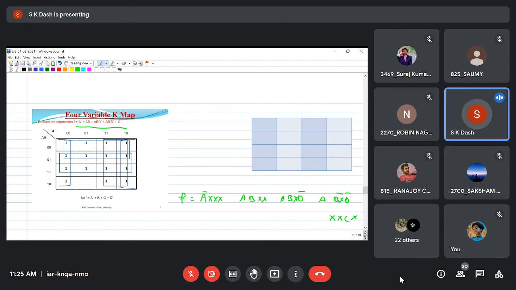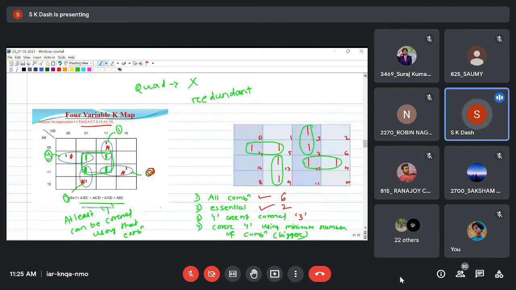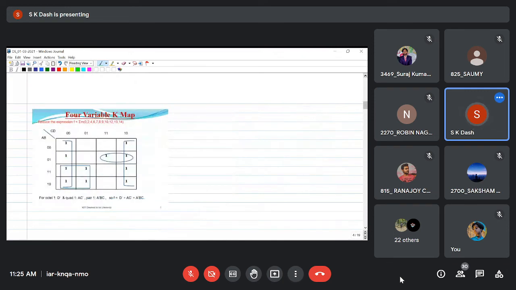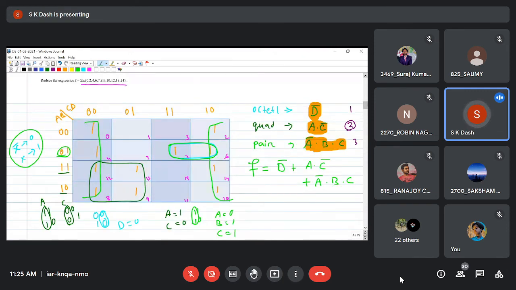So how can we do this instantly, or in some other way? For that purpose, if you remember, in today's class I showed you this example. In this example, when we formed the octet, how many inputs did we get in the expression?